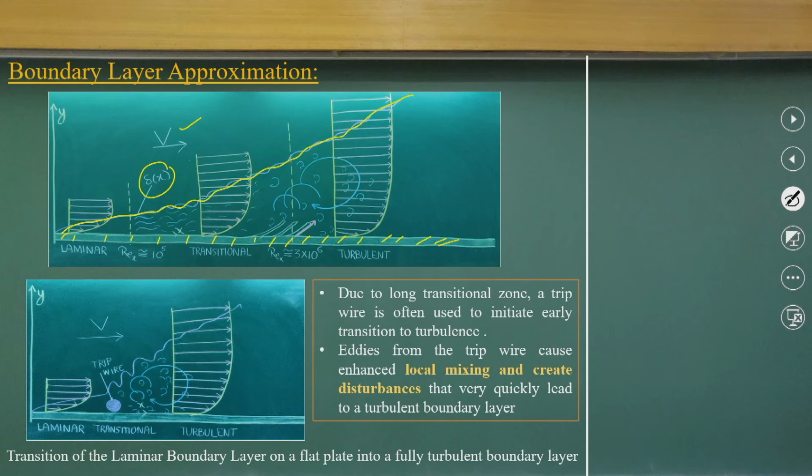This will not be smooth, as in turbulence you know there will be a lot of vorticity, and in transitional both vorticity and decaying will be there. So in a plate, as we move in the x direction, there will be regions of laminar boundary layer, transitional boundary layer and turbulent boundary layer, formed from the experiments.